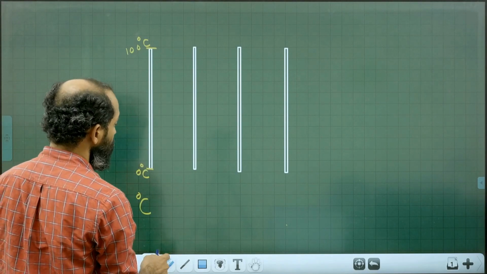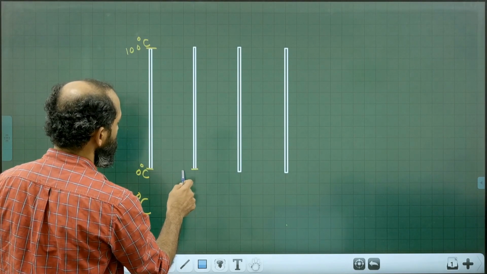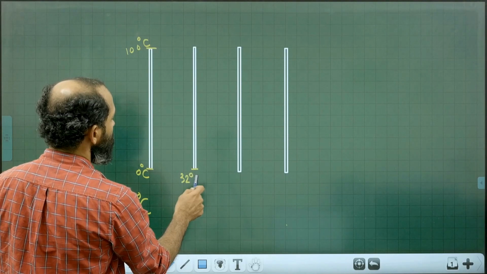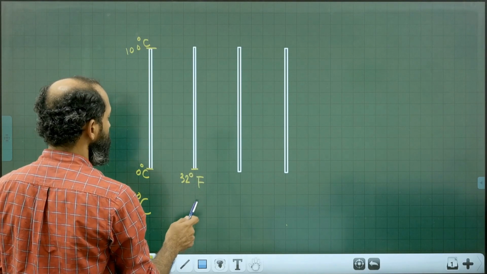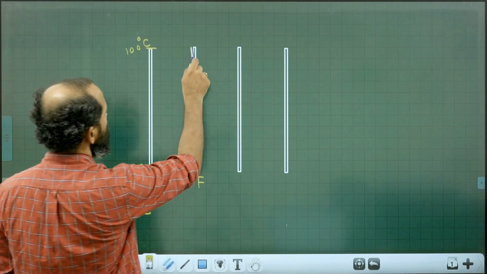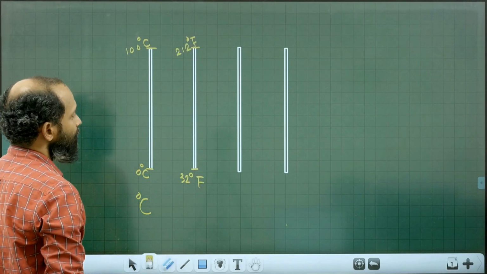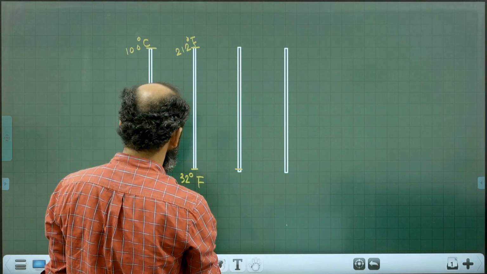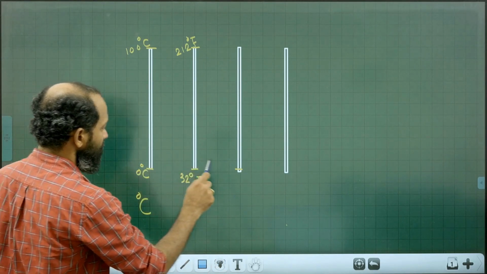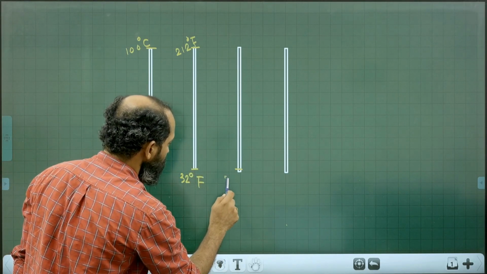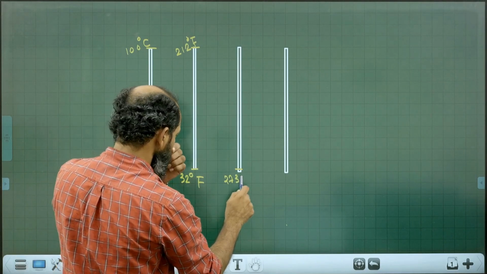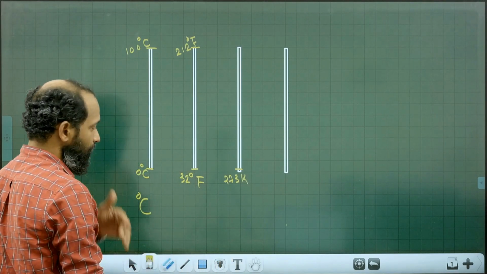Now, in the degree Fahrenheit thermometer, 32 degrees is chosen as the melting point of ice and 212 degrees is the boiling point of water. In the Celsius thermometer, 0 degrees Celsius, and in Kelvin temperature, it is 273.15 Kelvin.